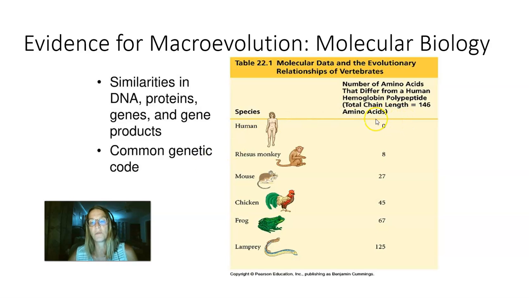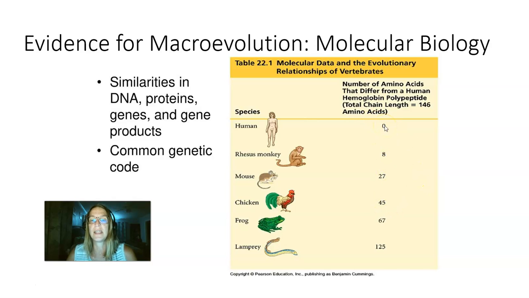And we actually use a lot of molecular biology to see how related we are to different species. Looking at these molecular biology similarities usually corresponds very well with the other lines of evidence, like, for example, homologous structures. We have a lot more homologous structures in common with a rhesus monkey than we do with a mouse or a chicken.